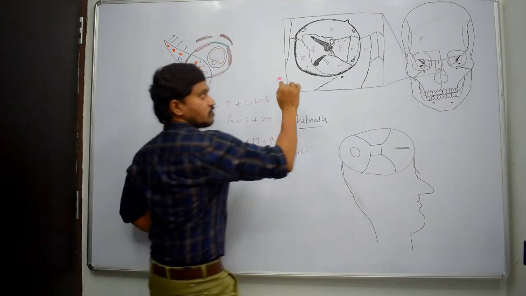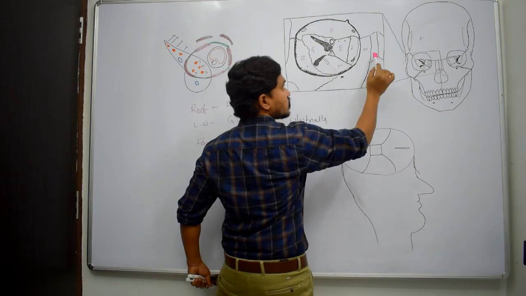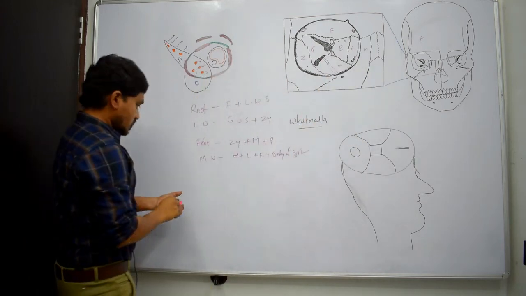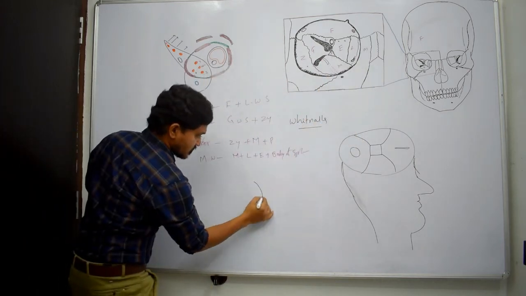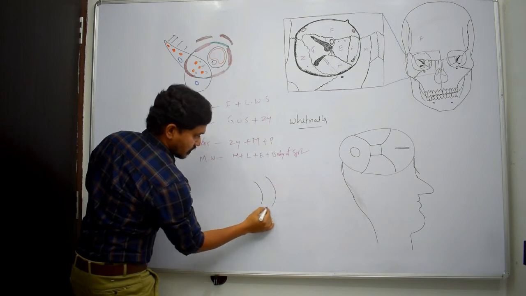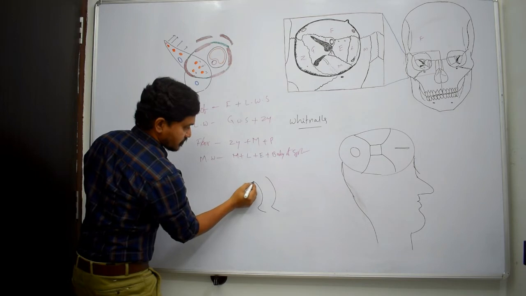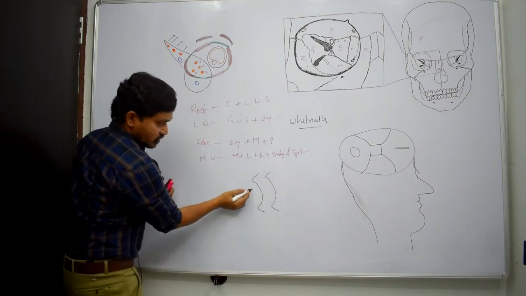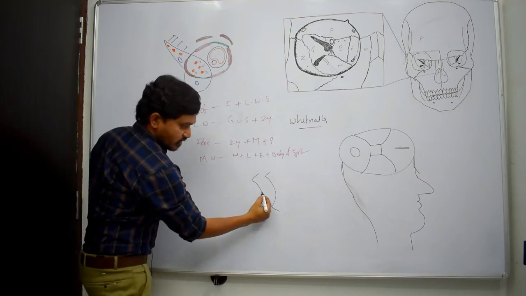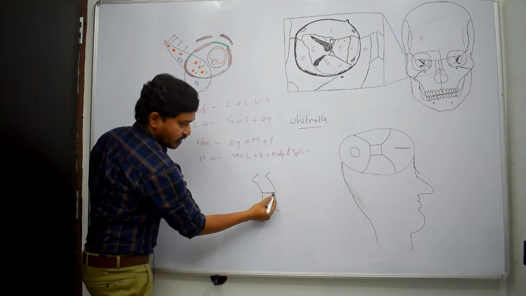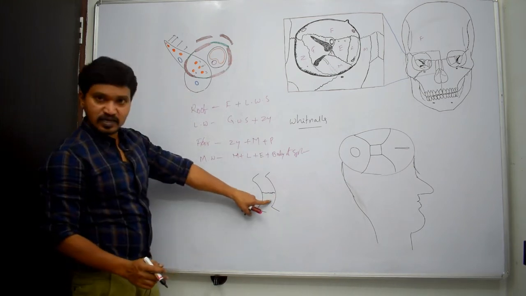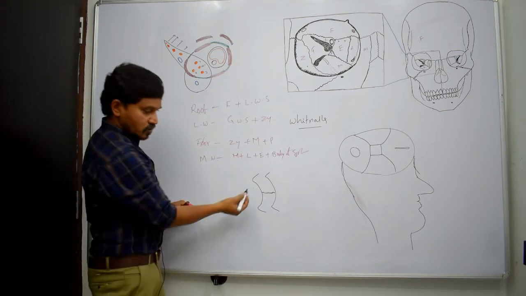That means if you take the section through the lacrimal fossa, you can see like this. This is the lacrimal fossa. Right? This is lacrimal crest. So this fossa is formed anteriorly by maxilla, posteriorly by lacrimal bone. Right?